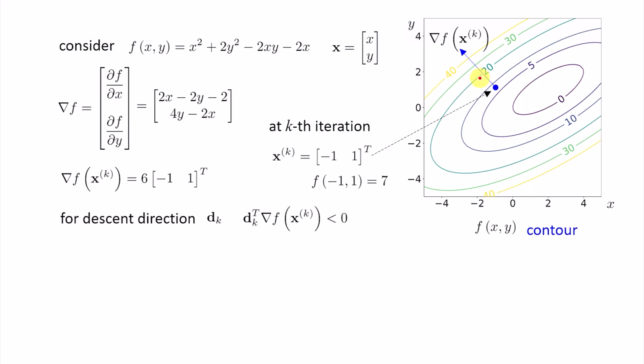So therefore, for this descent direction dk, I need the inner product dk and nabla f to be less than 0. So I need a vector which, if I take the inner product with this, will be negative. Let us just say that because this is a two-dimensional plane, my dk has these two elements d1 and d2.